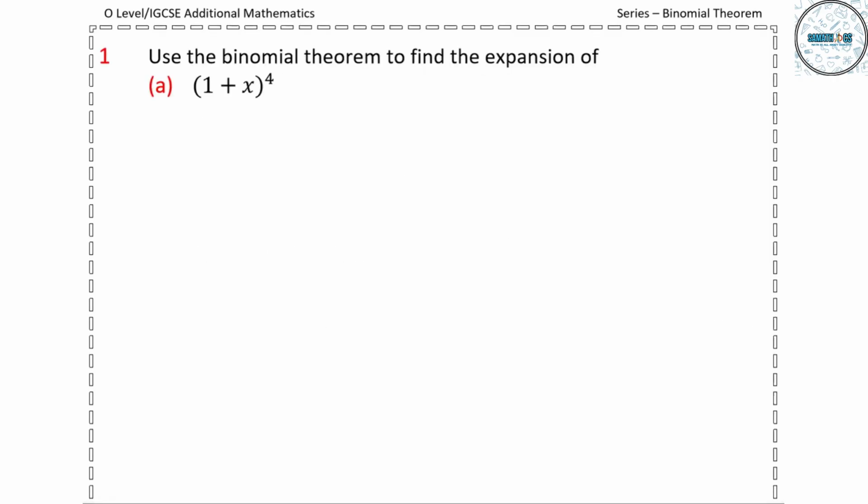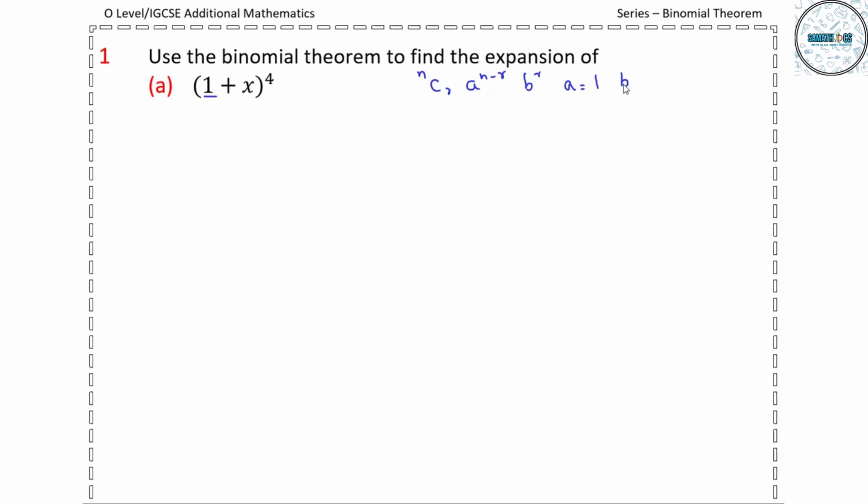Let's do some expansions using the binomial theorem. We have (1 plus x) with power 4. We have to use the formula nCr, a power n minus r and b power r. In this case, the value of a is 1.